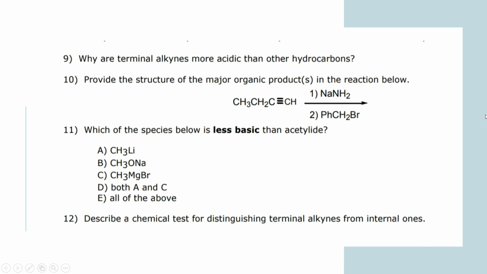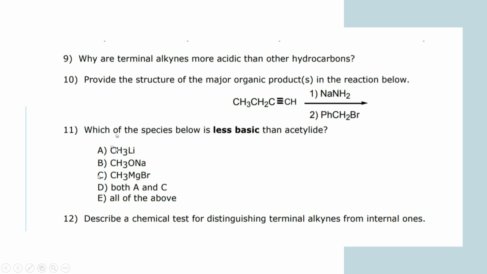Okay, so we will continue with the questions. We were on this question, comparing the basicity for acetylide, and we saw that since the negative charge is on an sp3 hybridized carbon for A and C, these will be more basic.